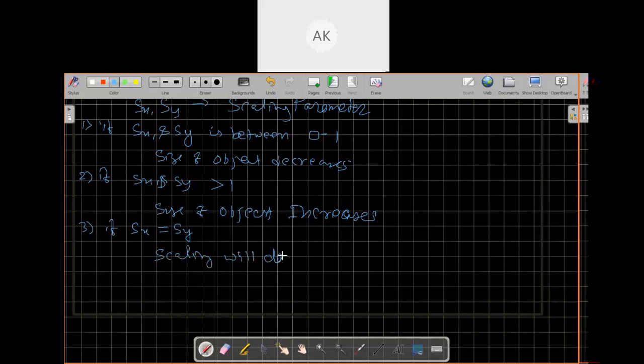Okay, and the third condition is if your sx and sy values are equal.